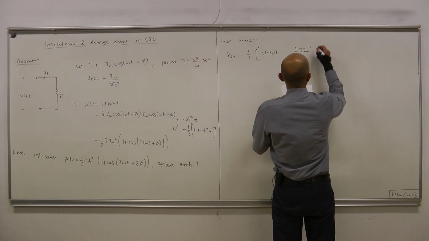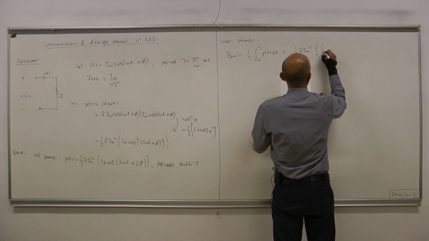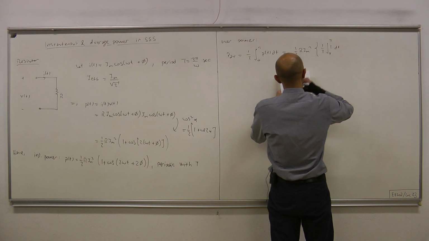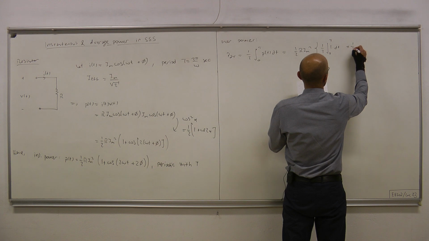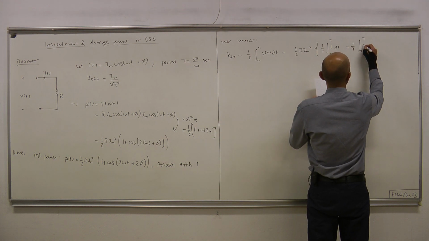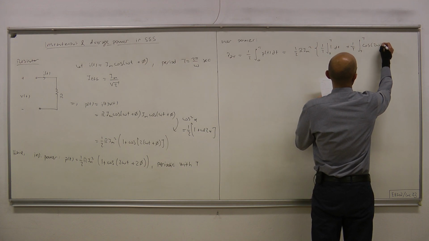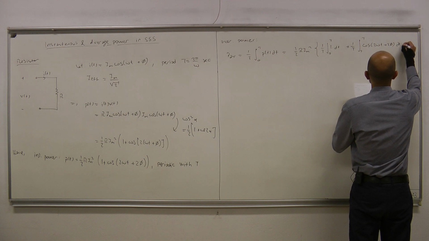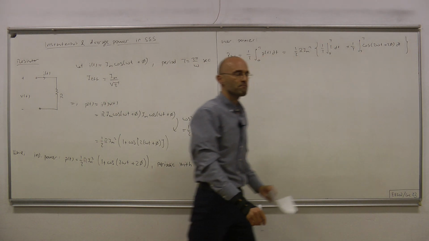Okay. 1 over T, we have 1 dt from 0 to T plus 1 over T from 0 to T cosine 2 omega t plus 2 phi dt. Okay.